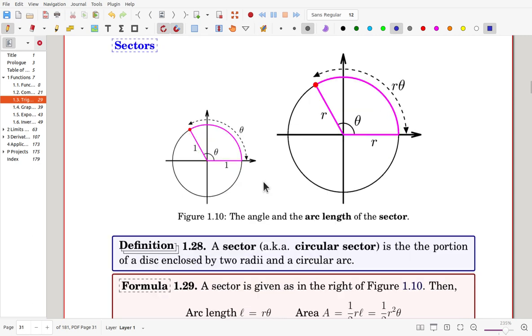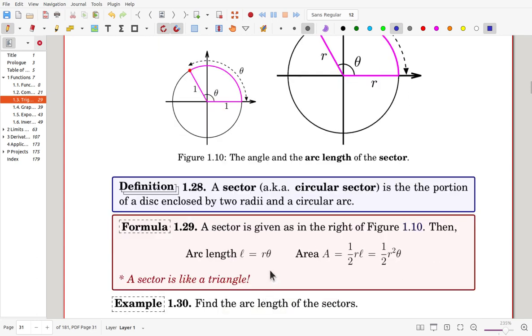Here, in general, the circle will have radius r, but from this small picture, that picture can be considered as just a simple scaling. If this angle is theta, then we know that the arc length is theta. In this magnification by a factor of r, the arc length must be r theta. That's the reason the arc length of a sector must be r theta.